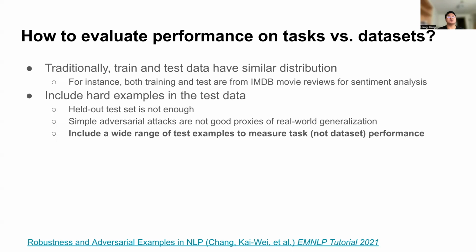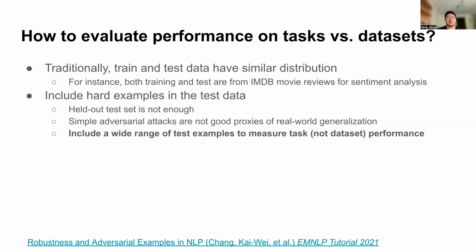Simple adversarial attacks are not good proxies for real-world generalization either. In fact, people try to include a wide range of test examples to measure the performance of the model on the task itself instead of on the data itself.